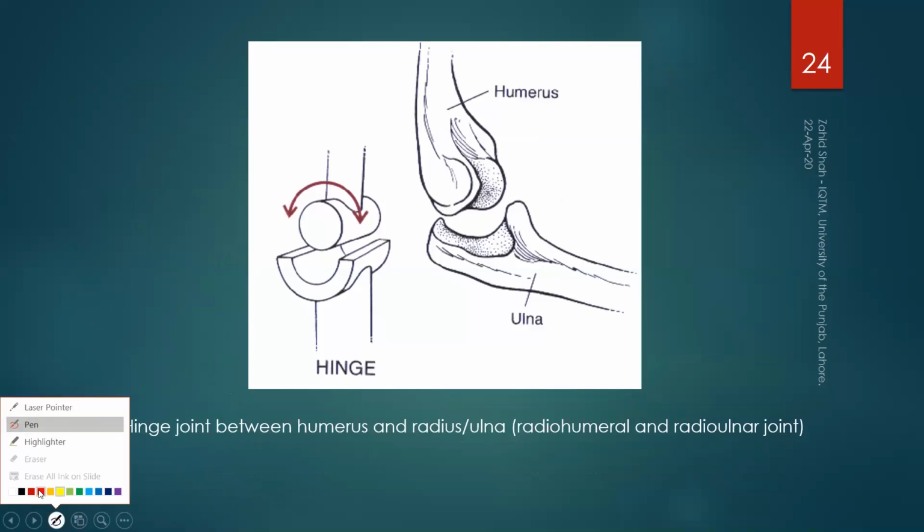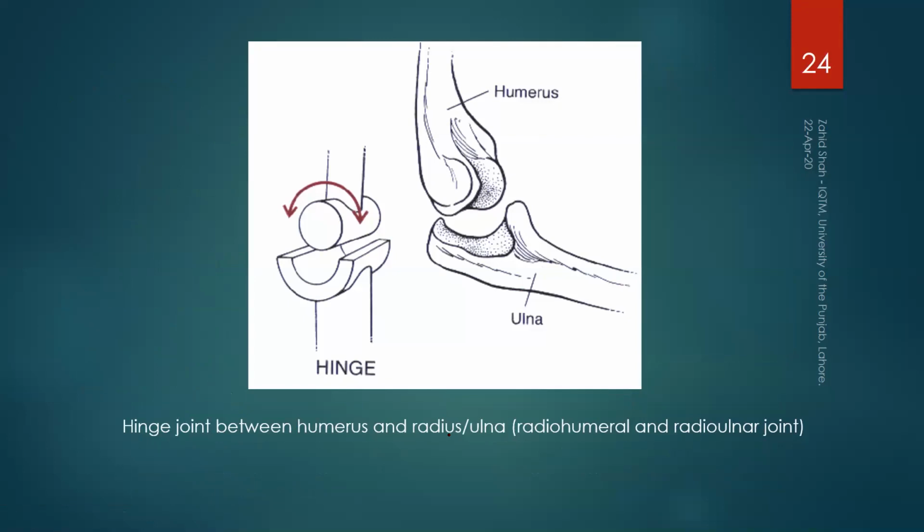Another example of hinge joint is your elbow joint. Elbow joint is also an example of your hinge joint. But here we are talking about the joint between humerus and radius and ulna. Right? There is a joint between radius and ulna as well. So that is a different joint. But the joint between humerus and radius and ulna, that is also called radiohumeral and radioulnar joint.